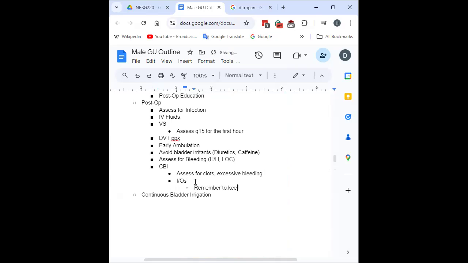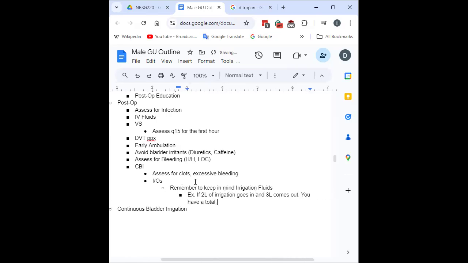So remember to keep in mind irrigation. For example, if 2 liters of irrigation goes in and 3 liters come out, you have a total output of 1 liter.